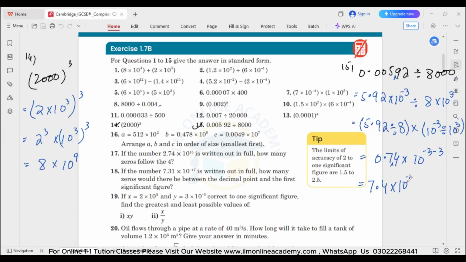Okay, so the number is starting from 0 point something. So in between point to point, we have one number, so negative 1, and this will be negative 6. Negative, negative, positive. But the sign will be negative. So 7.4 times 10 raised to the power negative 1 and negative 6. This will be negative 7. Okay, so this is part number 11, sorry, 15. So this is also clear to you.